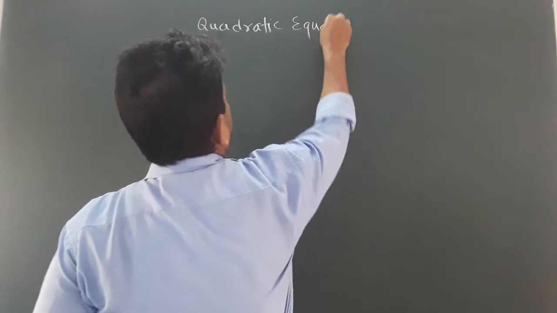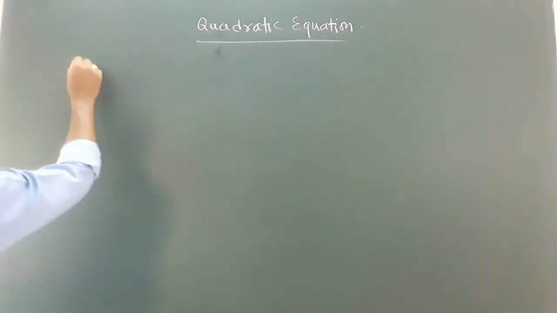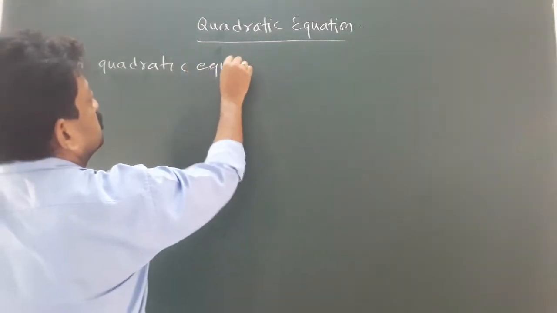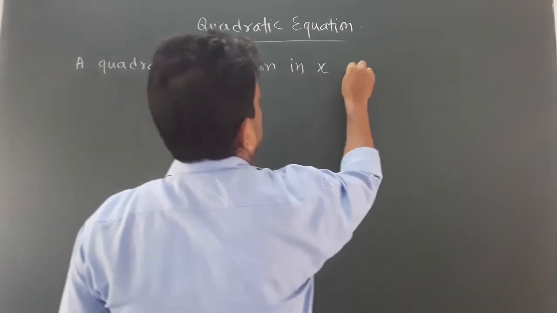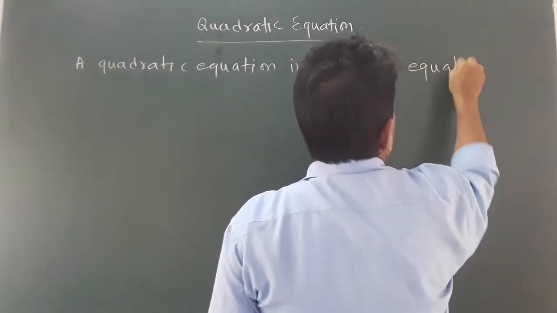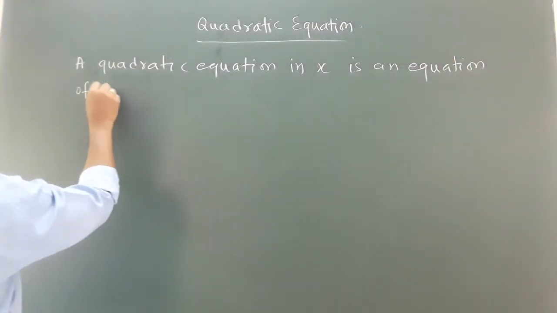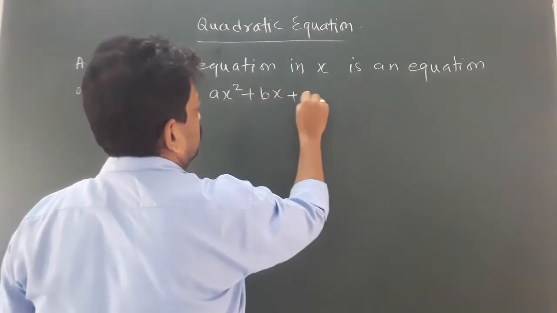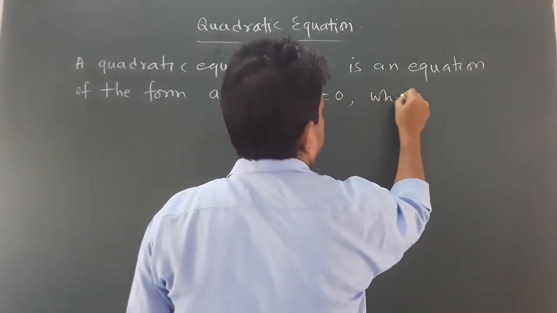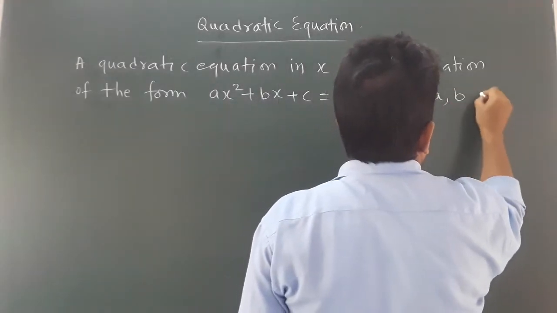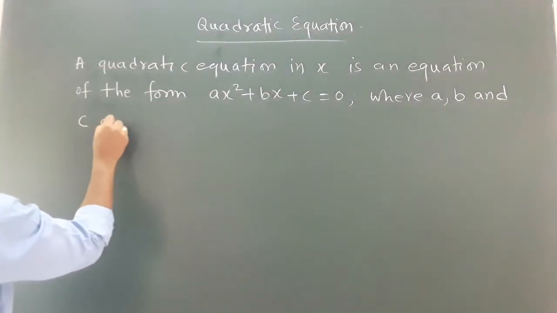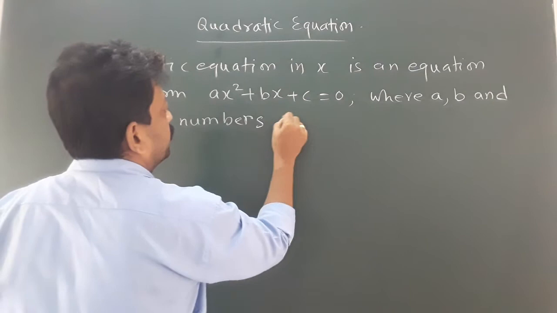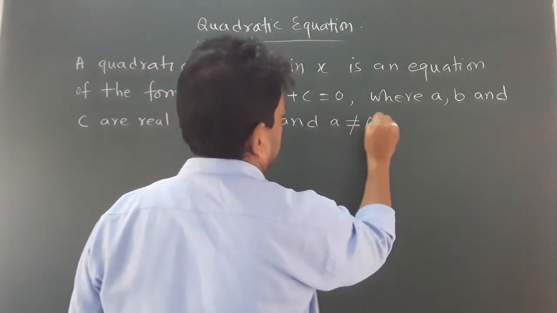Quadratic equation in x is an equation of the form ax² + bx + c = 0, where a, b and c are real numbers and a ≠ 0.